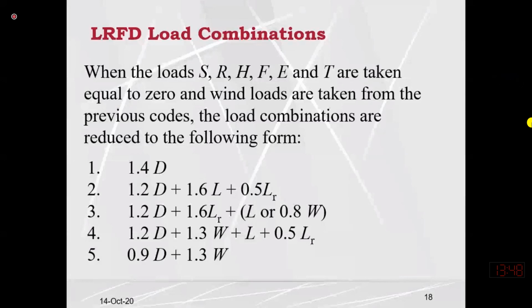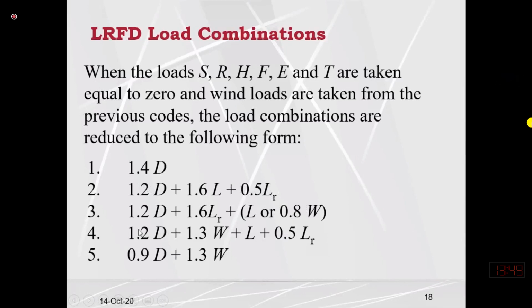In that case, we can use a factor of 1.4 instead of 1.2, because we are only using the dead load. Mostly we are using the second load combination, where we are increasing the dead load by 20% and the live load by 60%, and if there is any extra roof load acting, LR means roof load, so that will be 0.5.